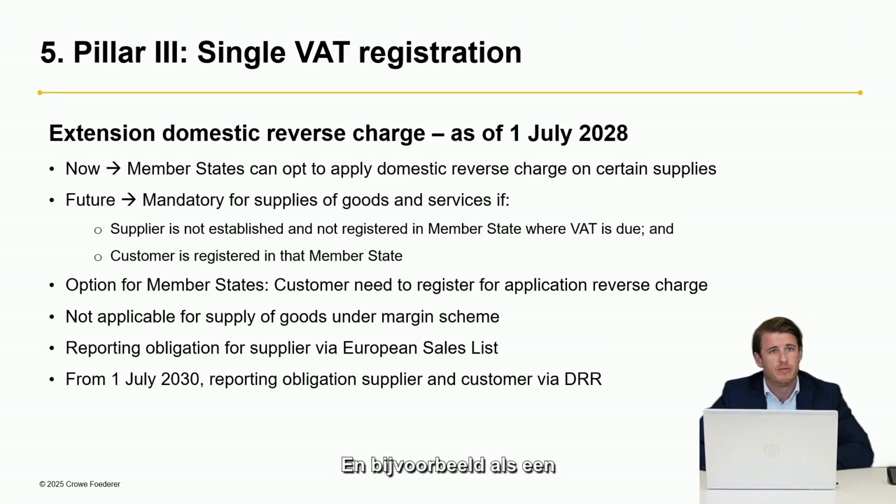For example, if a Dutch supplier is selling goods in Germany to a German business, or provides services related to immovable property, then he is required to register in Germany for the local supply, and member states can opt to apply a domestic reverse charge mechanism on such transactions.